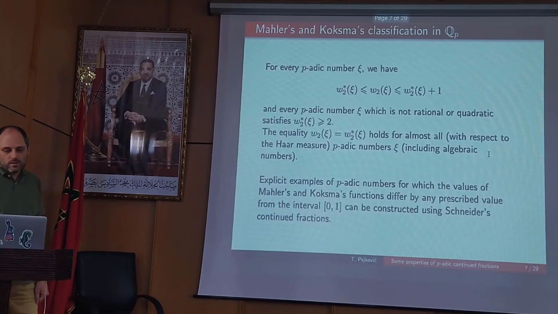Okay, so we know that every p-adic number psi satisfies that its value of Mahler's function is greater than or equal to the value of Koksma's function at this number and less than or equal to the value of Koksma's function plus 1. We also know that for every p-adic number psi which is not rational or quadratic, the value of Koksma's function is at least 2.